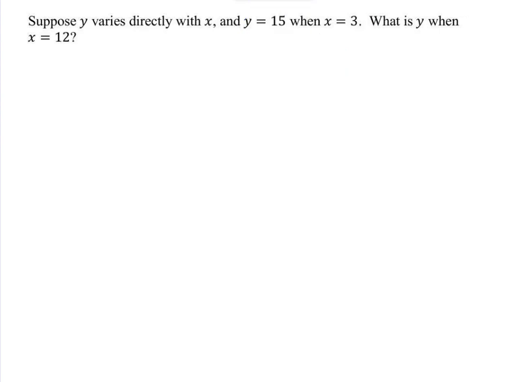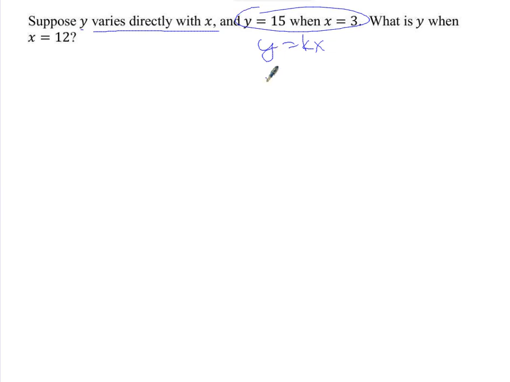All right, same type of problem. Talk me through this one. What do we do first? Why am I writing y equals kx? How do you know that you're supposed to? Yes. Y varies directly with x. That is my clue. Then I'm going to go y equals kx. Now what? The information that I'm given, y equals 15 when x equals 3.